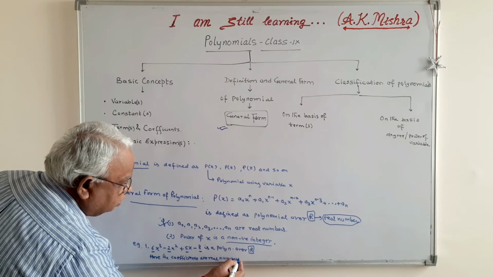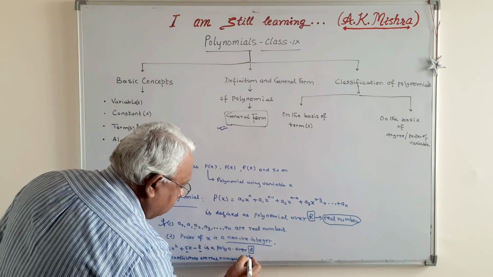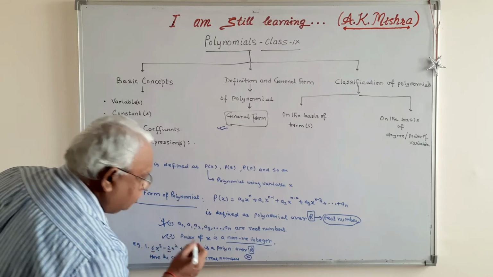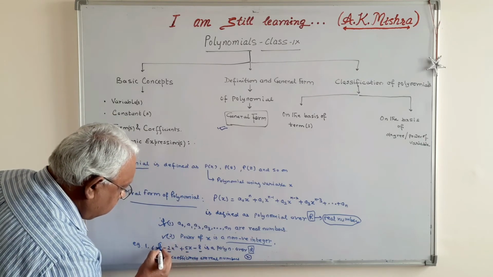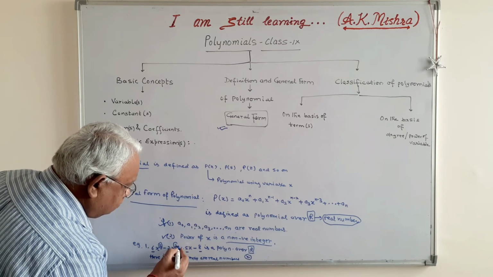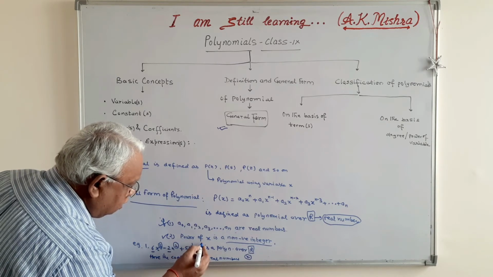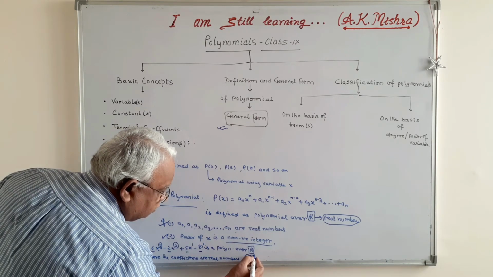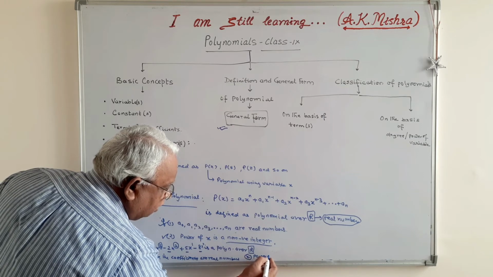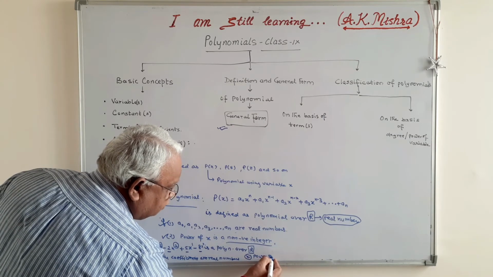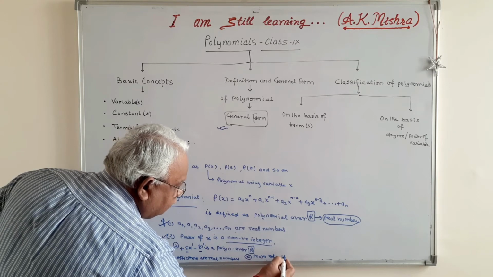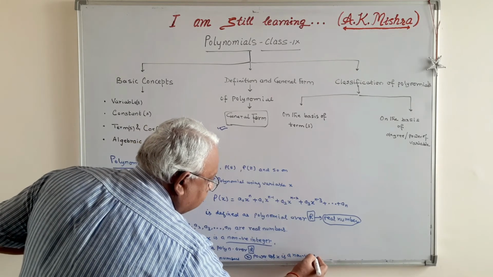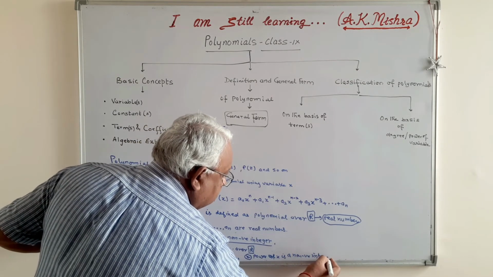And the second thing you need to check is the power of x. So what is the power of x? Here 3, here it is 2, here it is 1, and here it is x to the power 0. So the power of x is a non-negative integer.